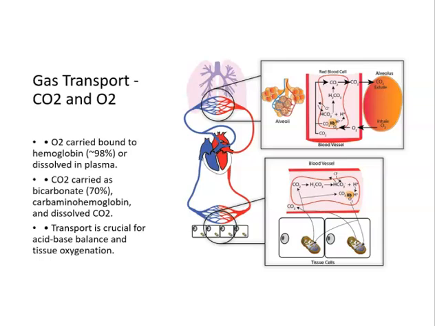O2 transport is primarily bound to hemoglobin, and only a small amount is dissolved in plasma. The hemoglobin can carry up to 4 oxygen molecules, and its affinity changes based on several factors. And so there are a lot of hemoglobins within a red blood cell, and there are a lot of red blood cells. And so if each one's carrying around 4 oxygen molecules, it adds up very quickly.